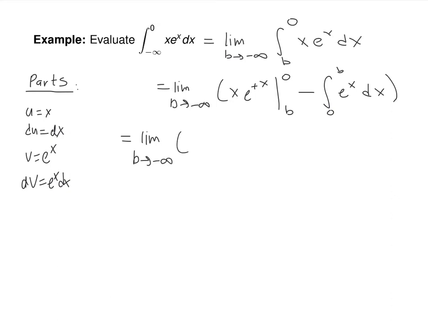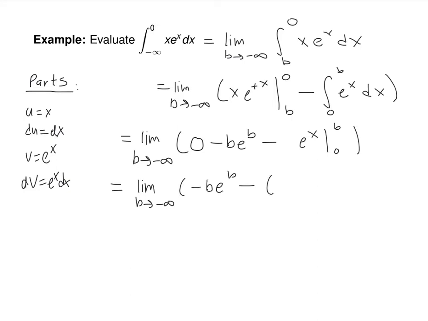So first you plug in 0, first term is 0, minus b e to the b, minus e to the x evaluated from 0 to b, which is the same thing as the limit as b goes to minus infinity, negative b e to the b, minus parenthesis e to the b minus e to the 0.